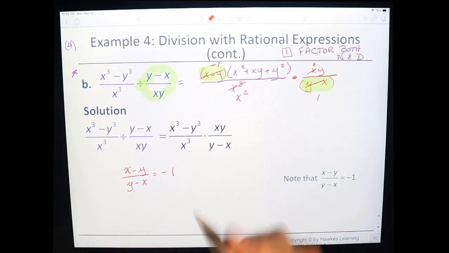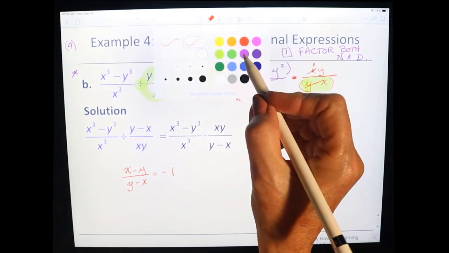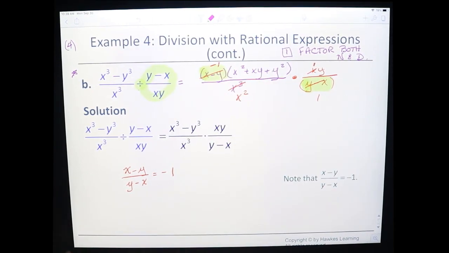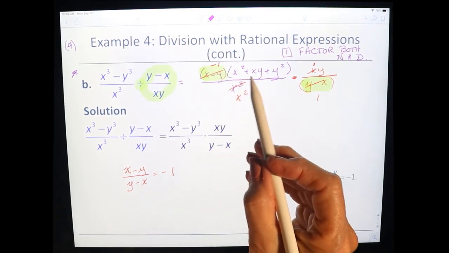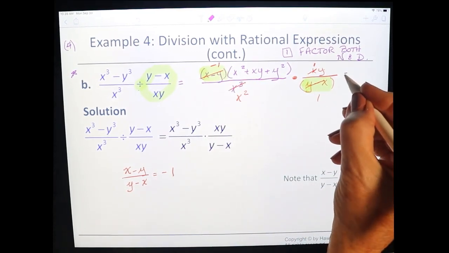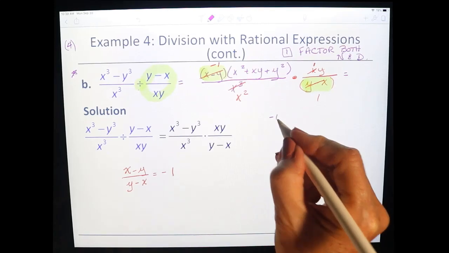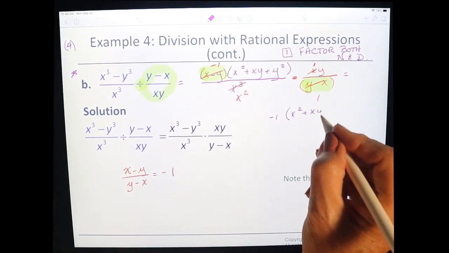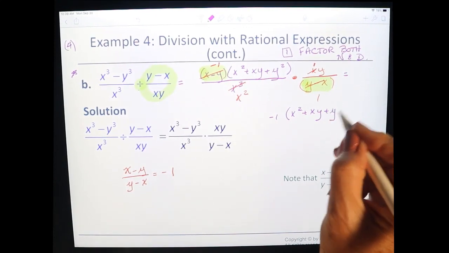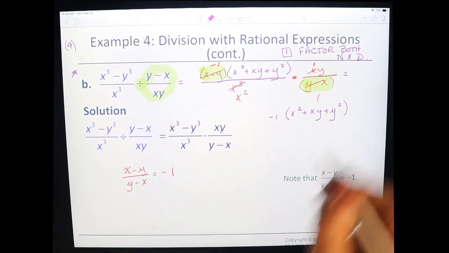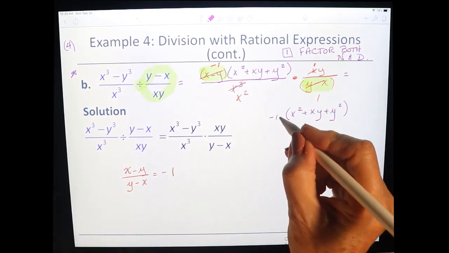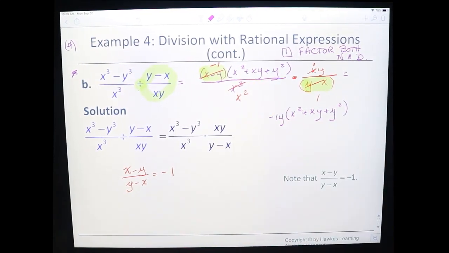Let me look around. I don't think I see anything else that can be divided out. So what do I have left? I have a -1 times this trinomial, which is, by the way, prime. When you factor a difference of cubes, that trinomial is always prime. Whoops, I'm about to forget this factor of y. Let me come back and squeeze that out in front there.